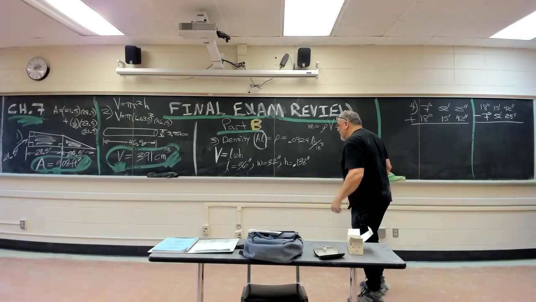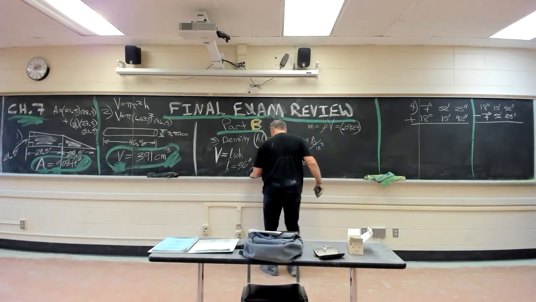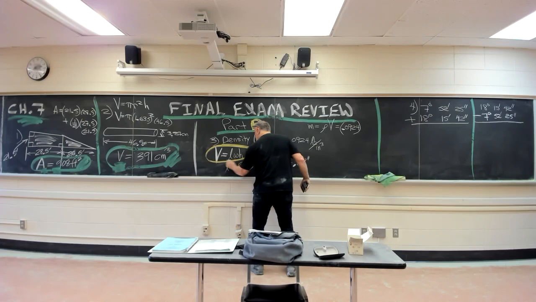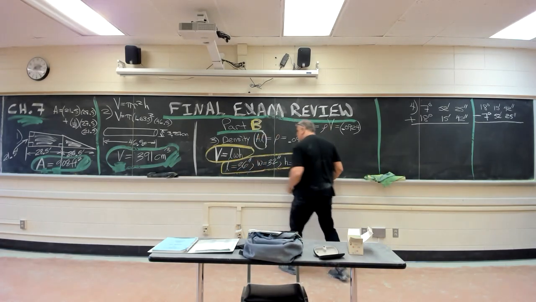The volume, they said rectangular box. Rectangular box is associated with length times width times height.